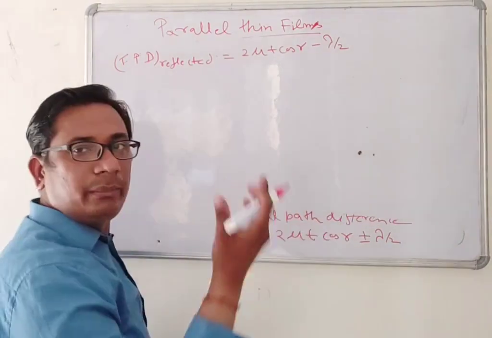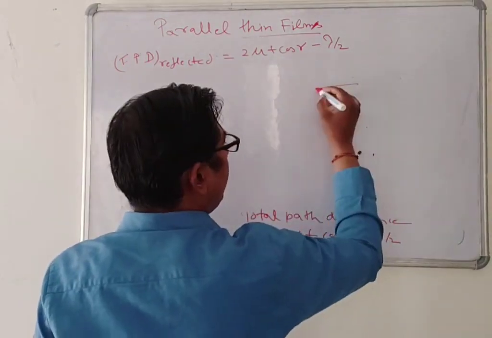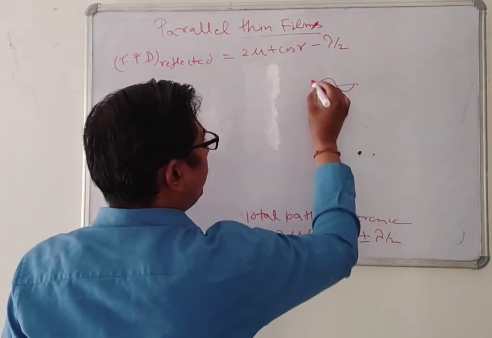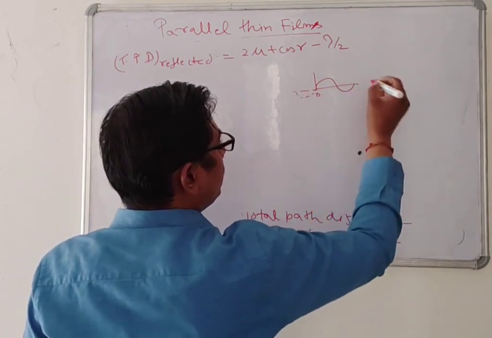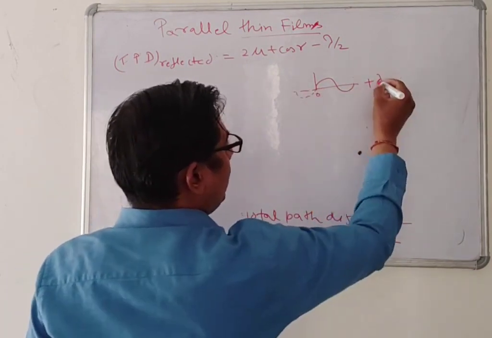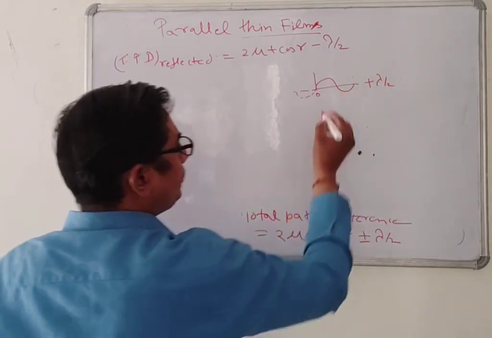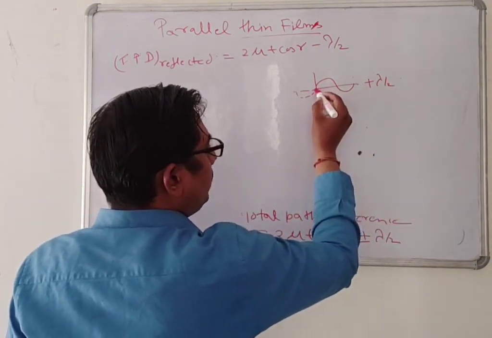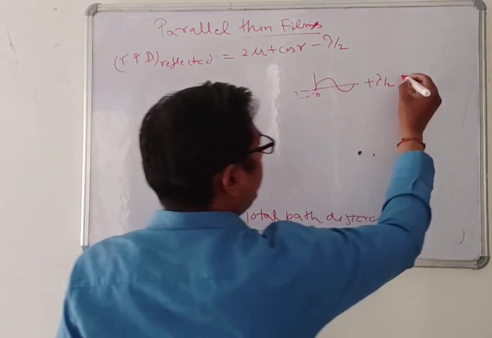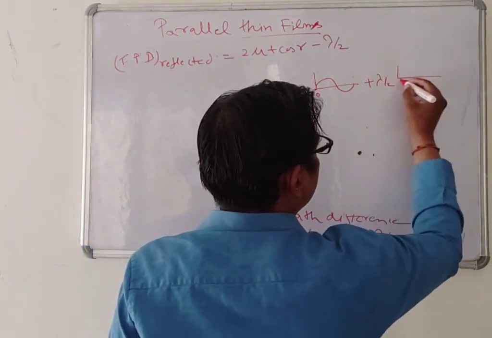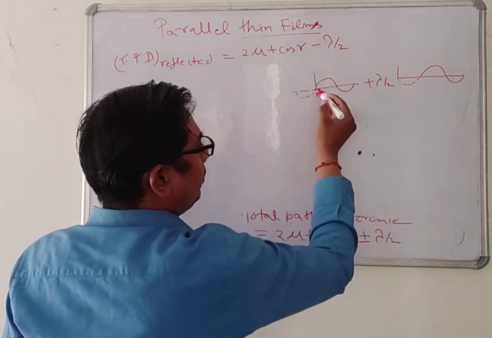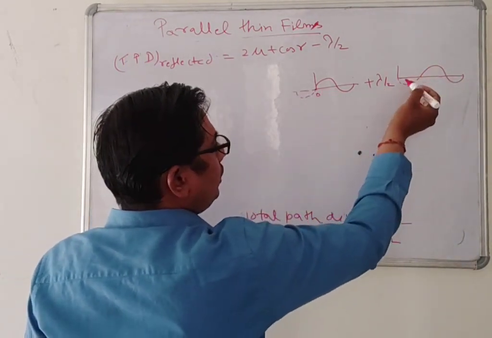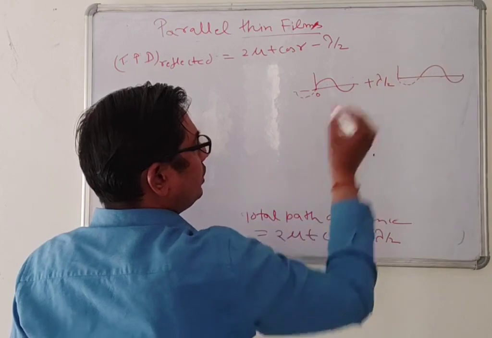What is the meaning of the minus and plus? Suppose that this is a lambda like that. When light is coming, this is the origin O. When you add lambda by 2, you will see that the origin will be shifted here. When you add it, you will get like that, and you can see that this one is out of phase.